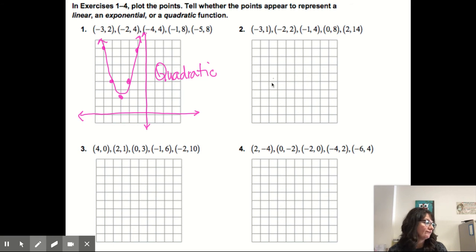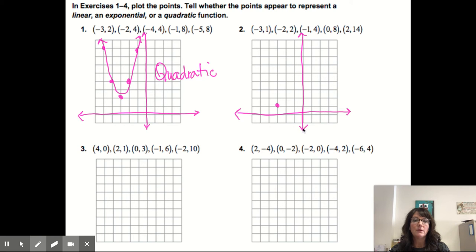Okay, number two. Doesn't matter where I put the x and y axis again. We'll just do the same thing. All right, -3 and 1, 1, 2, 3, and 1.